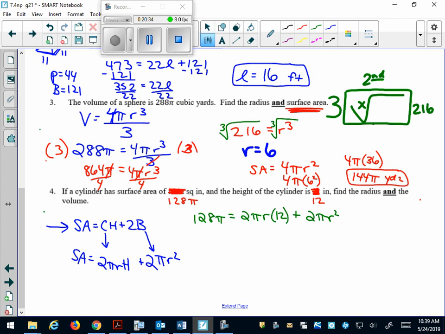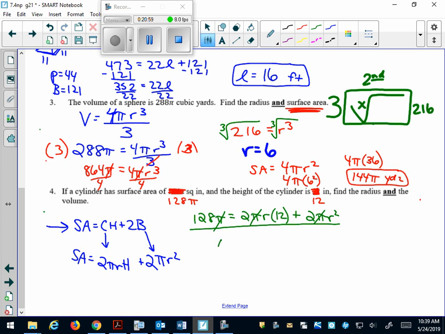Factor. To make our lives easier, what should we do first? What could we do to everything here? Divide by pi, and divide by what else? 2, right? So all the pi's are going to cancel. And then we're going to divide all of these things by 2.